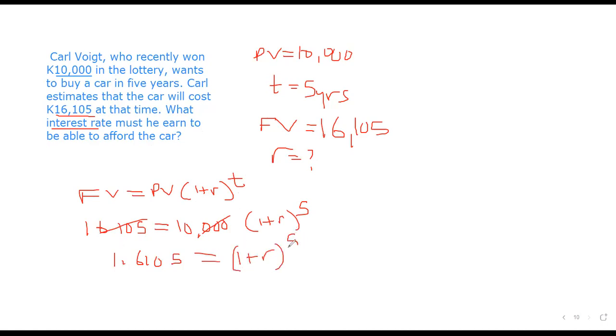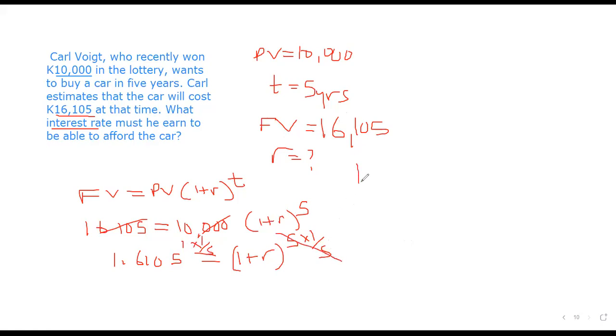We can't just say R. What do we do at this point? To get to the R, we multiply by the reciprocal of the power.